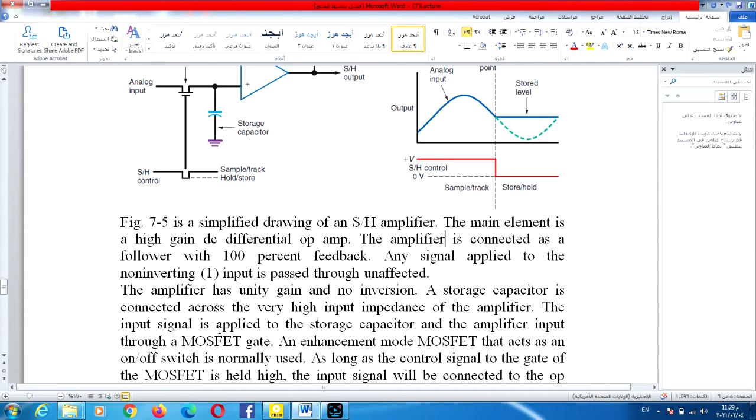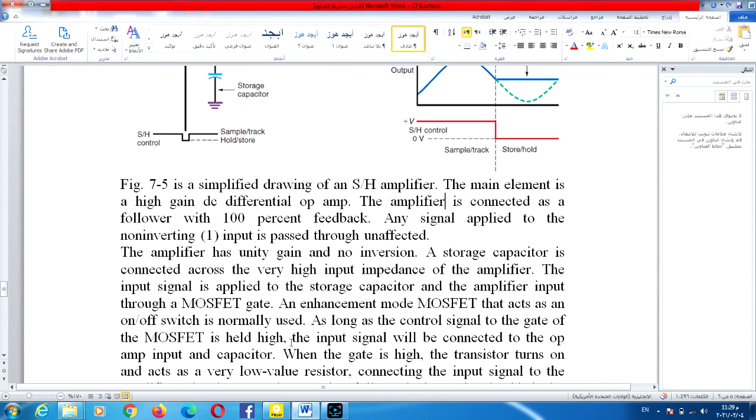The input signal is applied to the storage capacitor and amplifier input through a MOSFET gate. An enhancement mode MOSFET that acts as an on-off switch is normally used. It works as an on or off switch.